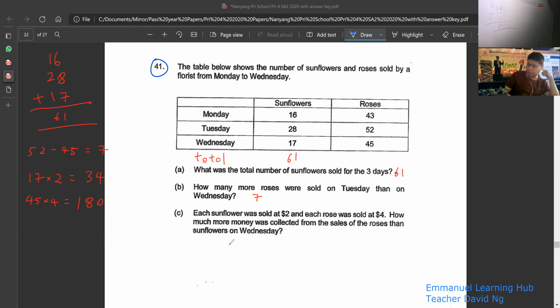The question is asking you to do 180 minus 34 equals 146. Answer is 146.